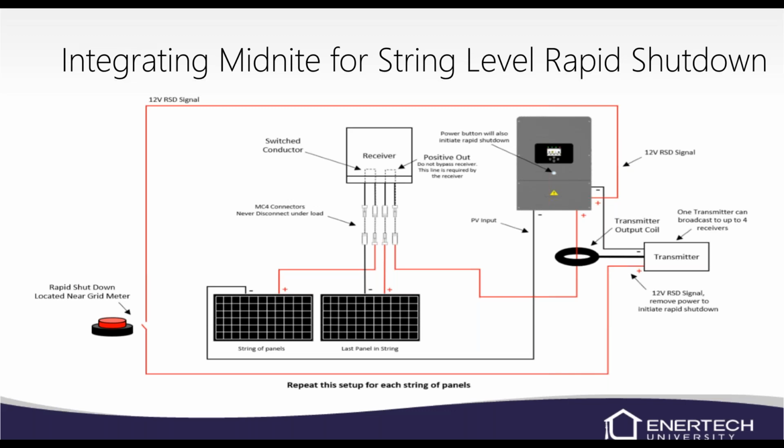You've got your switch conductor, you've got your string of panels. On the upper right is your inverter. And you've got some transmitters that will clamp on and broadcast out to your receivers.